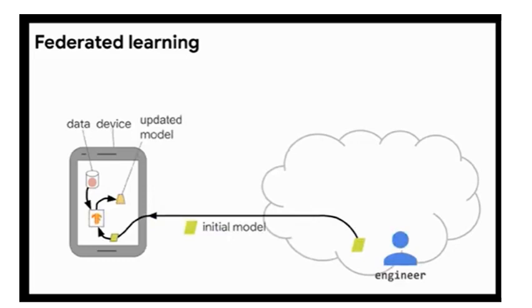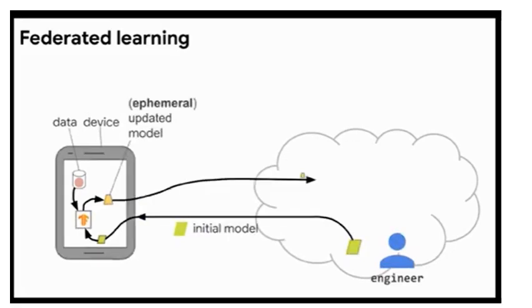So the engineer would send the model with its architecture and the computation that needs to be done. The device will use a platform like TensorFlow Lite or any other to compute on data and update the model. The orange box in this figure shows the updated model.